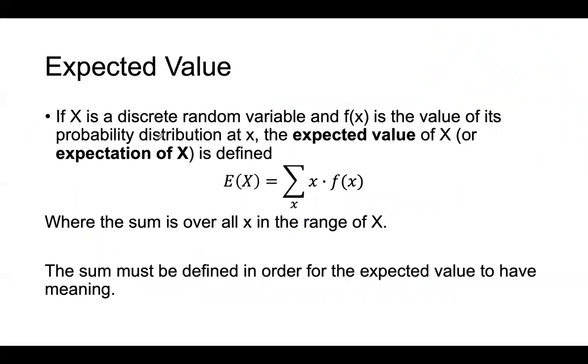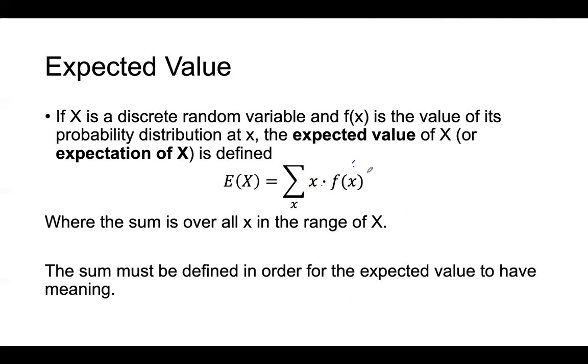So if X is a discrete random variable and f of X is the value of its probability distribution at X, the expected value of X, or the expectation of X, is defined by this. So the expected value of X is equal to the sum of X times f of X. And this could be our probability distribution, like P of X. And you can define your own probability distributions.